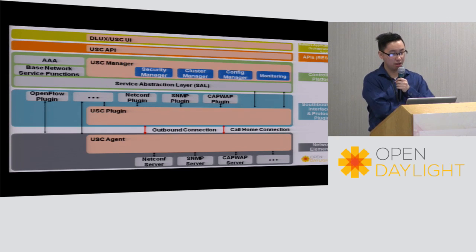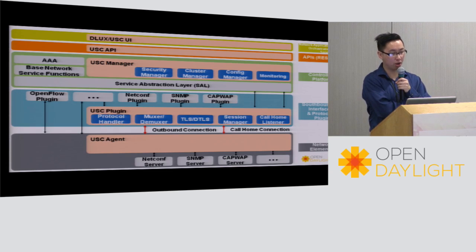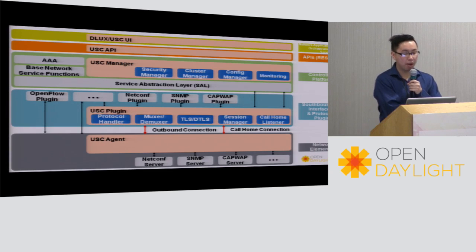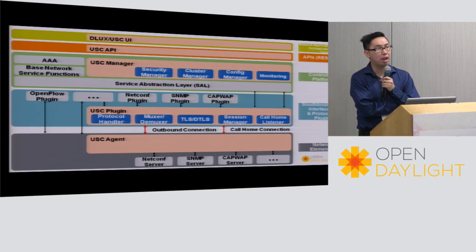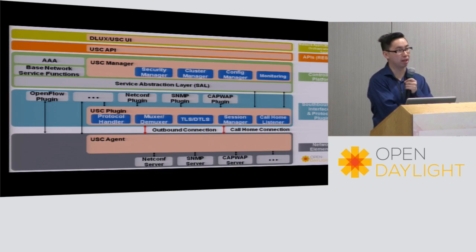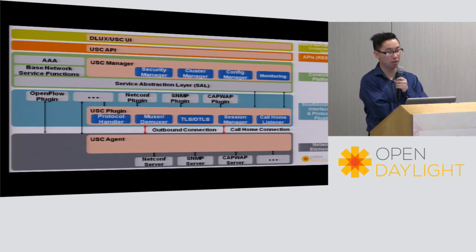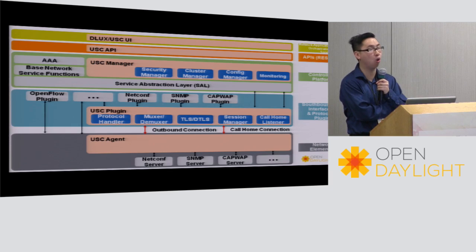So here's going over it again. USC manager has security, clustering, config, monitoring. USC plugin has the protocol handler, and the muxer demuxer we use to allow protocol multiplexing, which I'll be discussing momentarily. The USC plugin also has something called a call home listener.